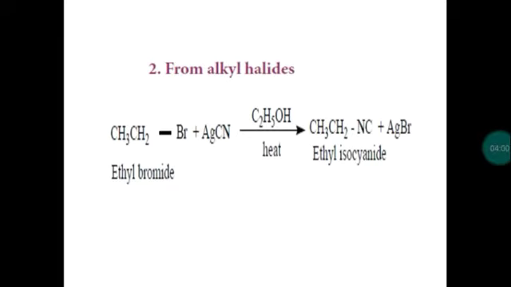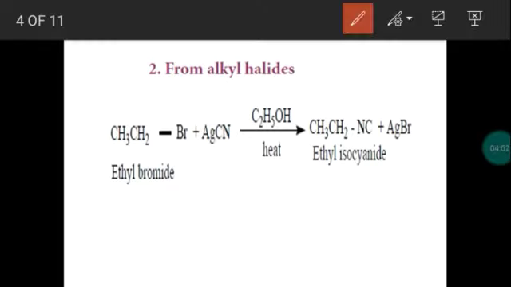Second preparation method, we prepare isocyanide from alkyl halide. So we can take an aliphatic halide, ethyl bromide. When ethyl bromide is treated with an ethanolic solution of silver cyanide, so silver cyanide salt will be added with ethanol, there is a liberation of silver bromide.